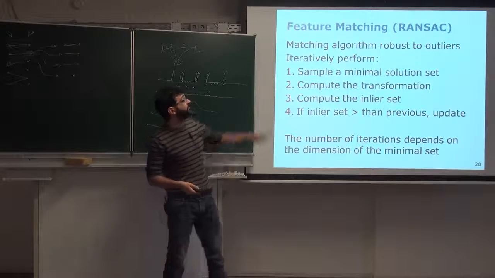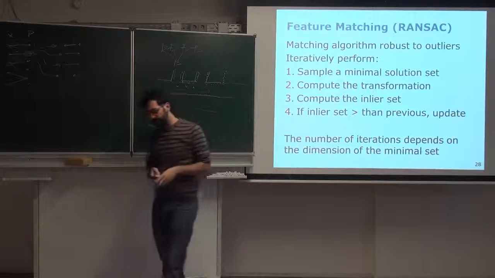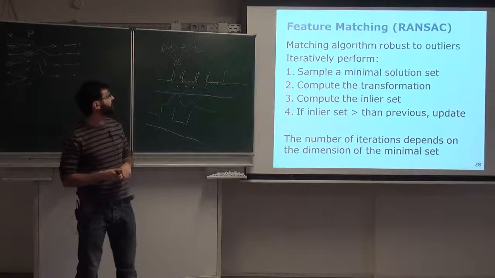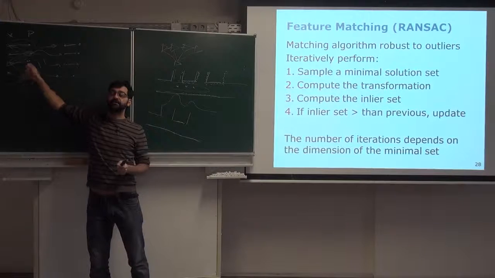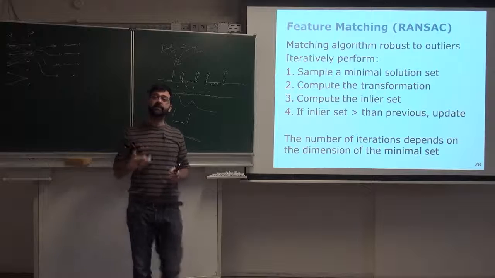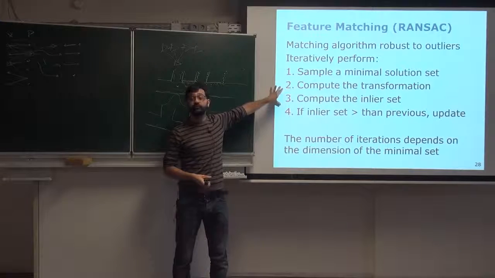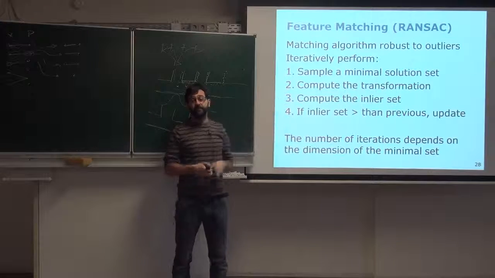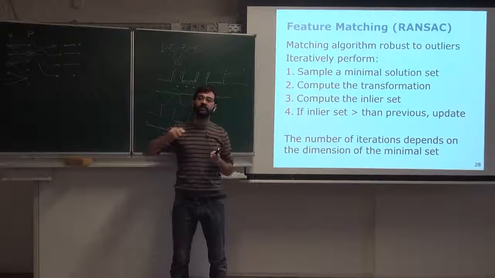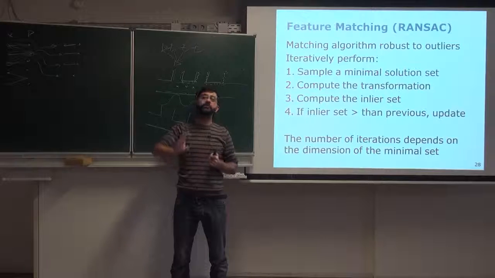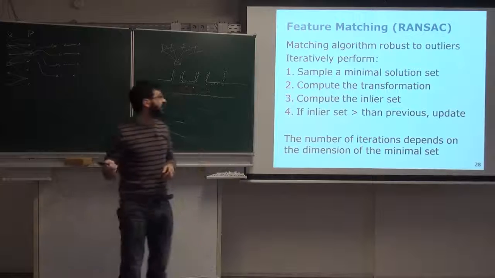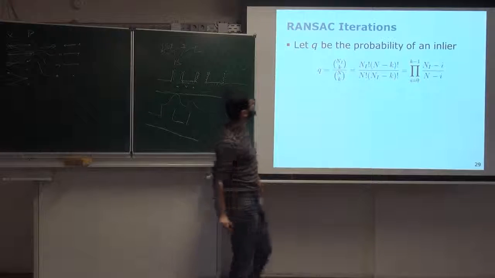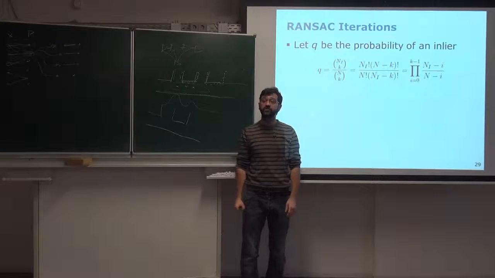And the interesting thing of RANSAC is that you can reason probabilistically on the amount of inliers or the amount of outliers that you have, and you can actually come up with a number of iterations that you need to do for this, such that you are sure with a certain confidence level that you found the best solution given that the amount of inliers is this, okay? And there is a formula that tells you how many iterations you need to have.